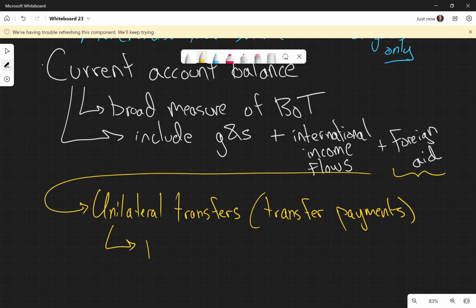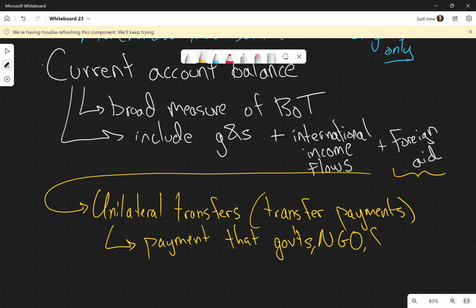So these are payments that usually governments, but could be any kind of non-government organization, like a charity or something like that, right?